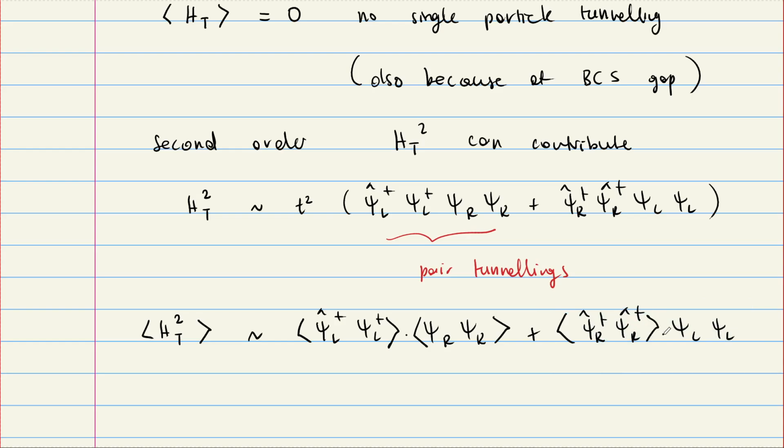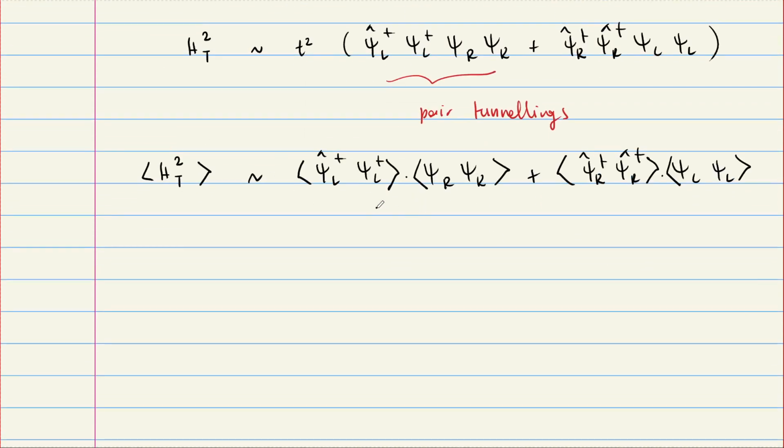This thing times this thing. So this is exactly the order parameter, or off diagonal long range order, we introduced in the first hour. If, for example, here I have some Landau wave function, let me write it: psi right, e to the i theta right, and psi left, e to the minus i theta left, which is the norm.